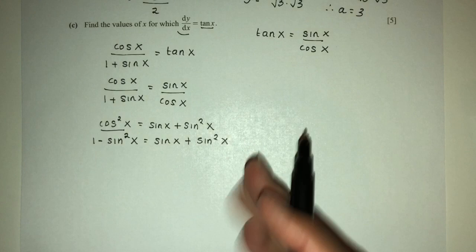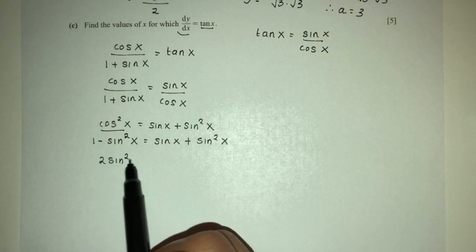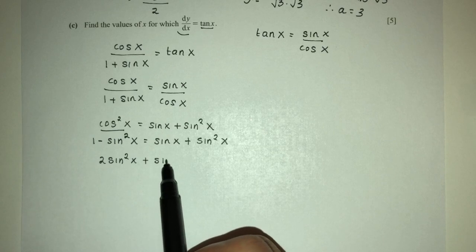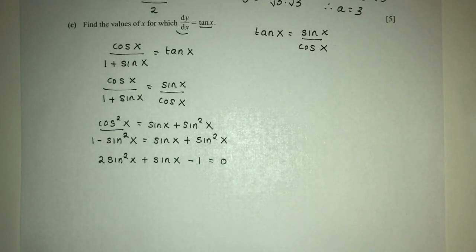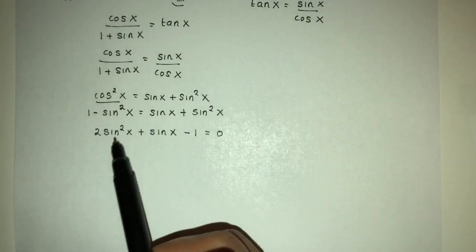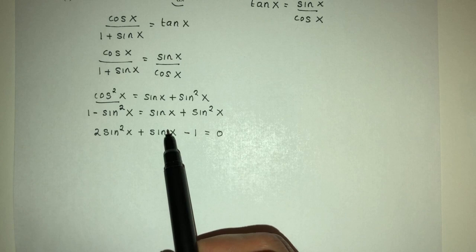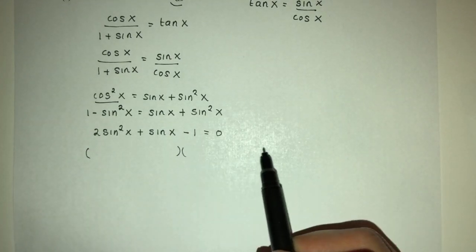Let's send everything to one side. You will have 2 sin square x, right, plus sin x minus 1 is 0. Okay, now as you can see, this one is a quadratic equation because we have something square and something not square and a constant. Now we can factorize.